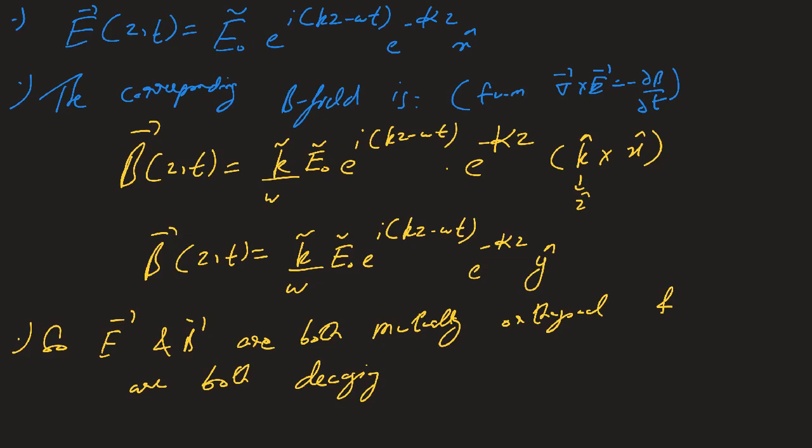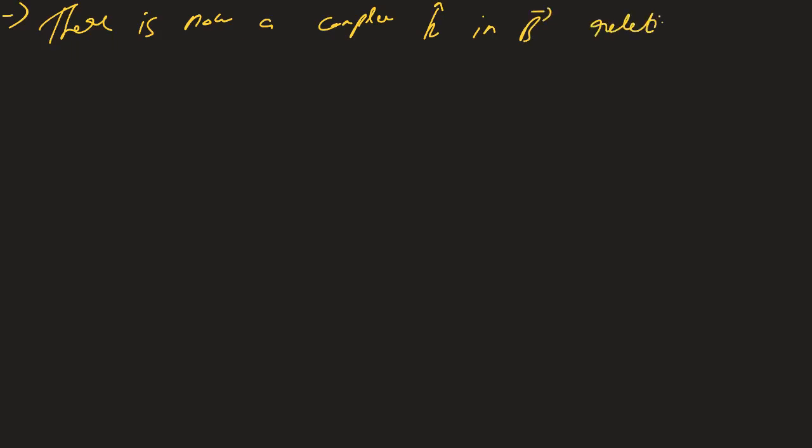So now, if you notice, and this is a very deep concept, there is now a complex k tilde in B relative to E. This didn't happen earlier when we talked about dielectrics.